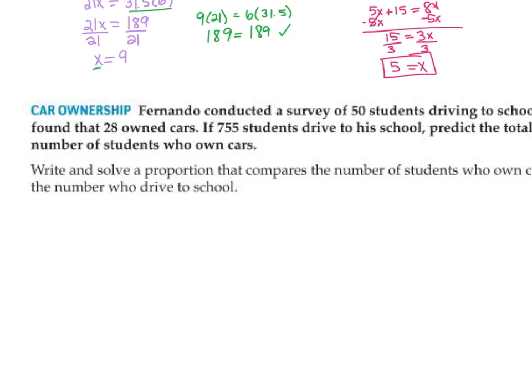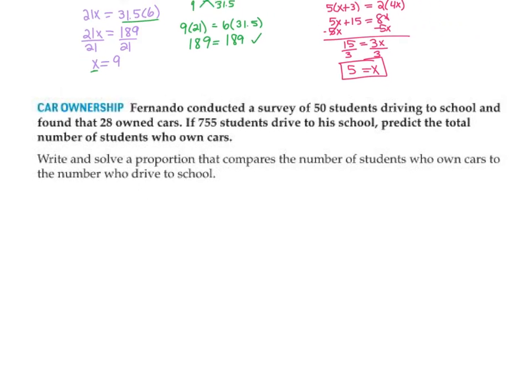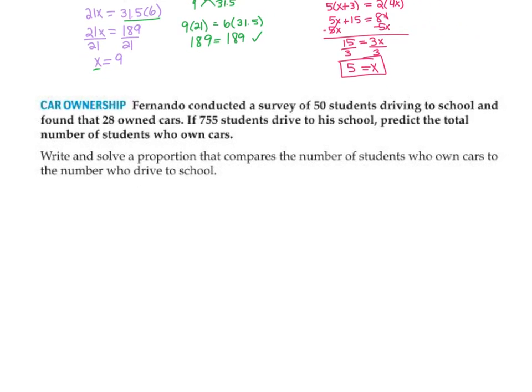Our last example here, we have a word problem. Car ownership. Fernando's conducting a survey of 50 students driving to school, and he finds that 28 of those students own cars. I'm going to underline these because they're probably going to be important information. So 50 students are driving and 28 own cars.